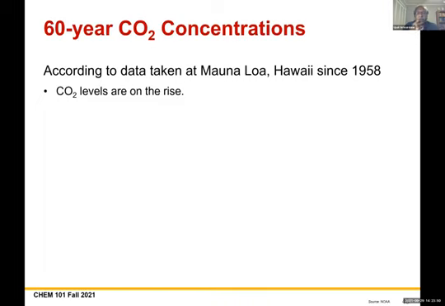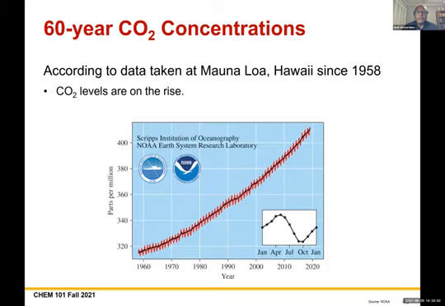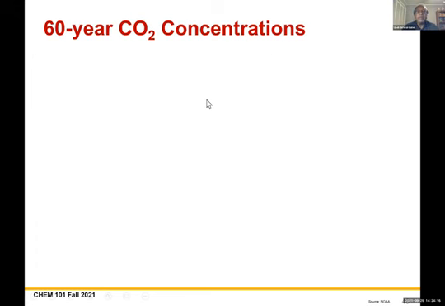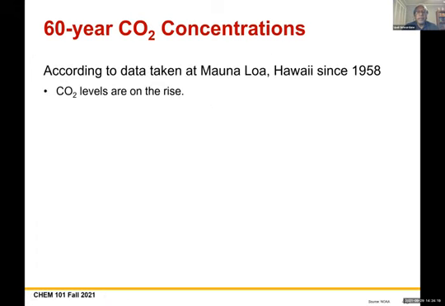According to data taken from Mauna Loa, in Hawaii, since 1958, according to NOAA, the National Oceanic and Atmospheric Administration, whatever, I forgot exactly what that is.